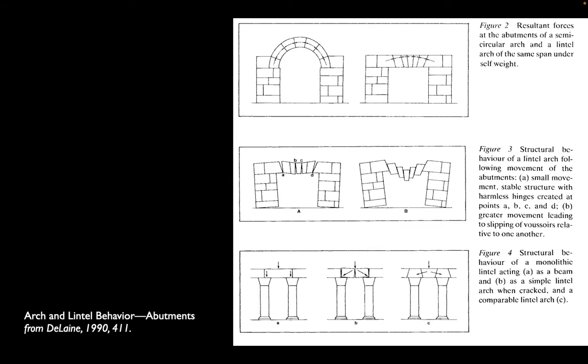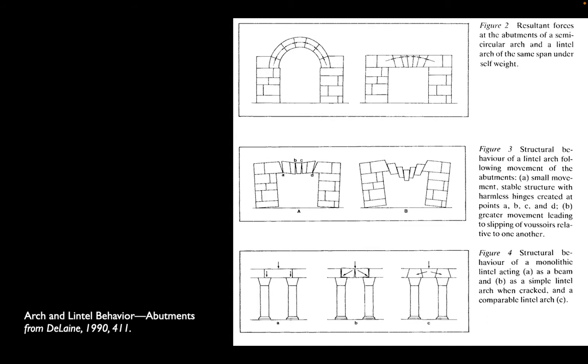But so long as the arch maintains enough of its geometry to keep, as you see here, no more than 4 hinges, in other words, 4 places where one end or another of the voussoirs are in contact, the system will remain stable. You get into problems, as you see in diagram B, if the buttresses move so much that the stones of the arch begin to slide past one another, and that will lead to a failure in your arch or your vault.